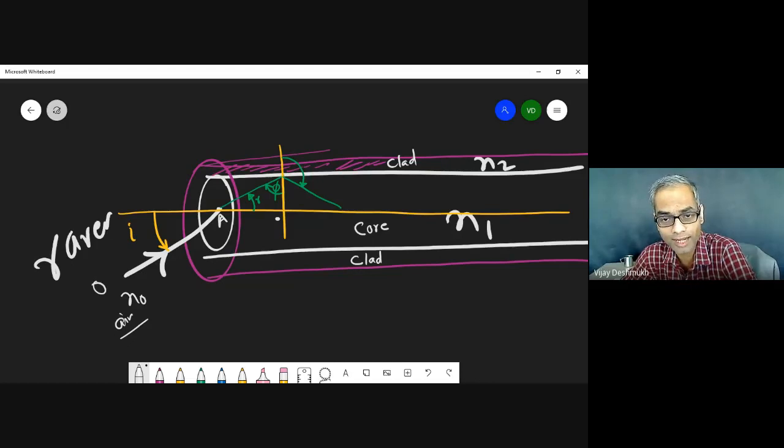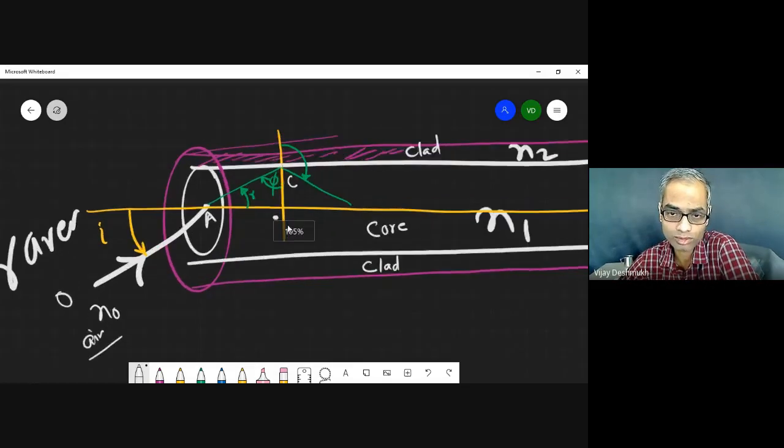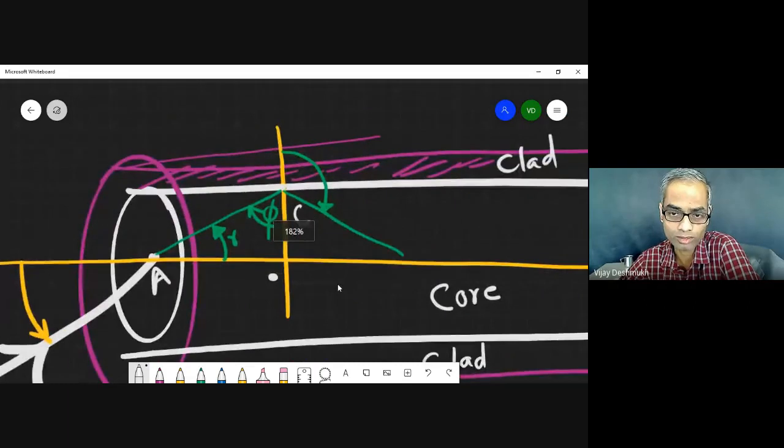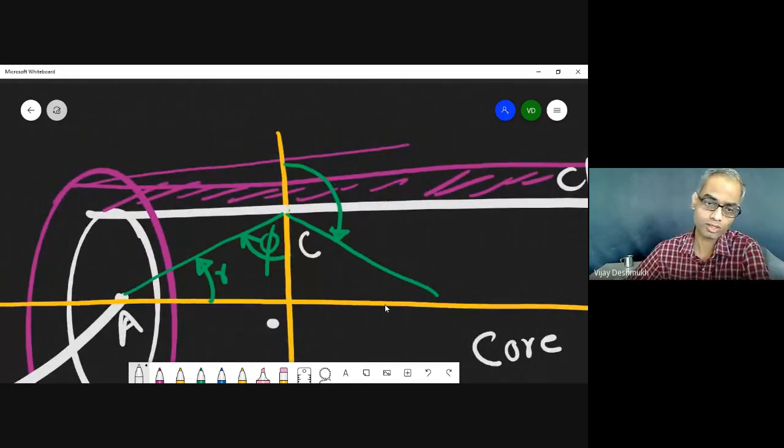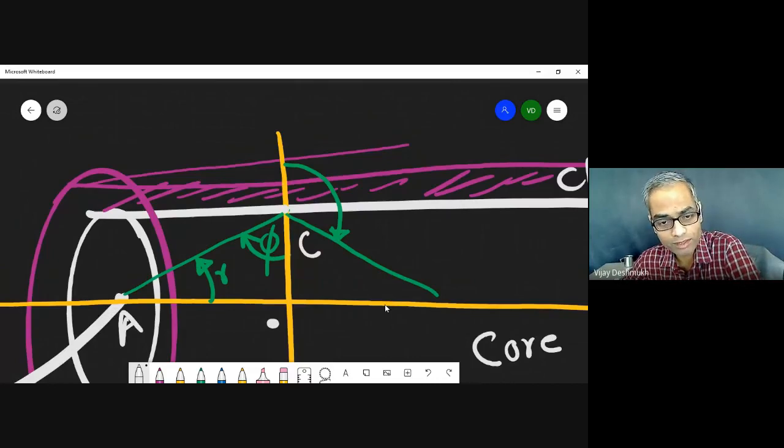Now once it strikes on point C, where C is in say N1 and N2. So it is the border of N1 and N2, this point. Let me show more clear. Is it okay now? So when this green light is incident at point C, now this yellow line shows the normal. So the angle of incidence will be from the normal.